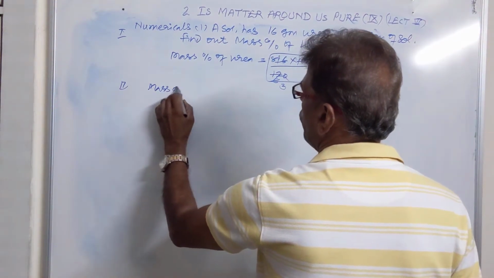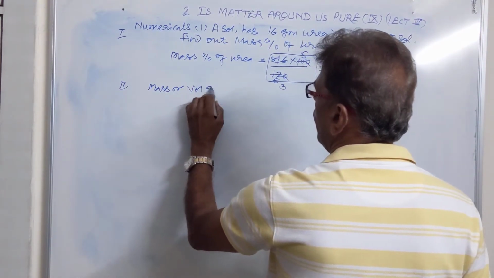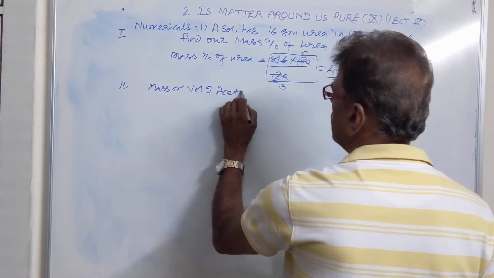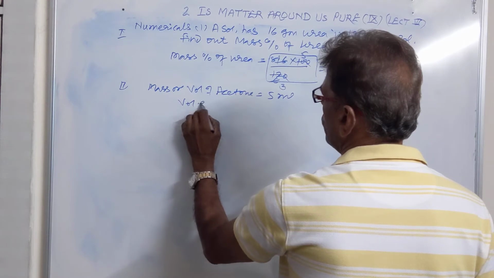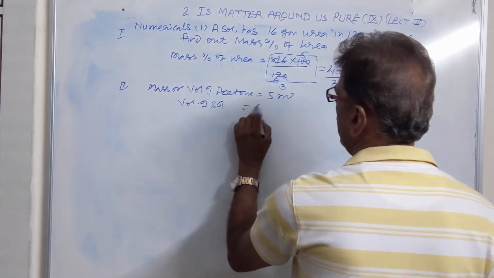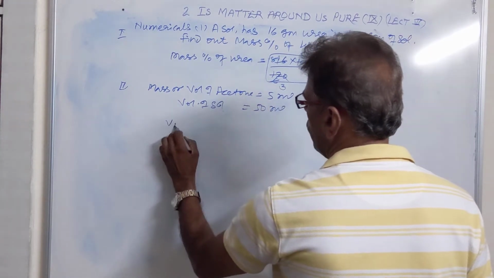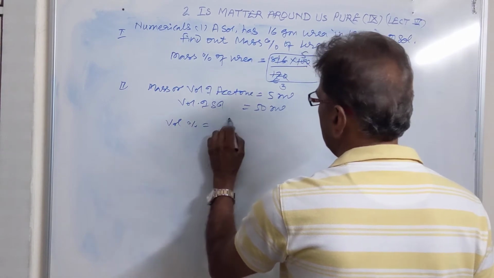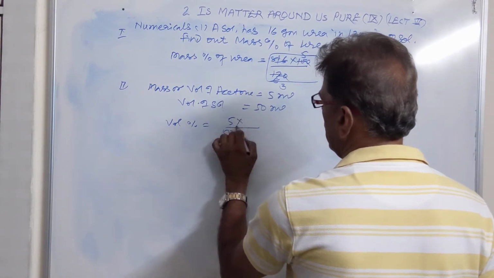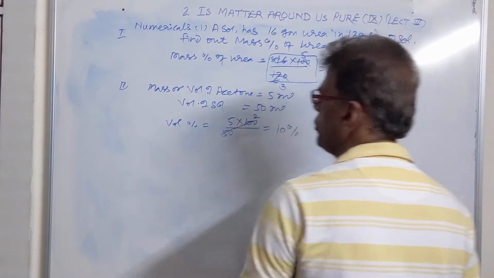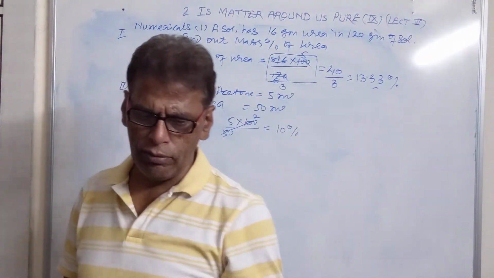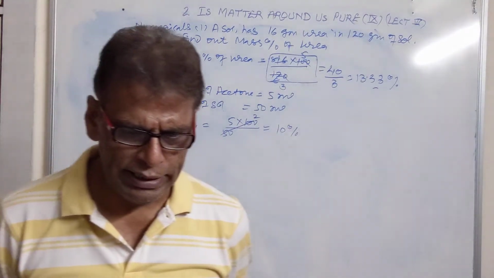The volume of acetone is 5 ml. The volume of solution is 50 ml. So we calculate the volume percentage here. It is 5 upon 50 multiplied by 100. We get 10% as the volume percentage of acetone in this case.